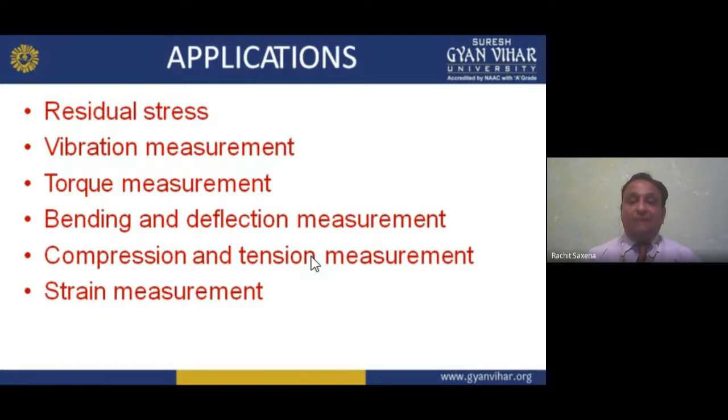If I talk about the applications, stress, vibration we can measure with the help of this, torque we can also measure, bending and deflection can also be measured. Compression and tension measurement can also be done. And obviously, as the name suggests, strain measurement. Okay, so this is all about the strain gauge.